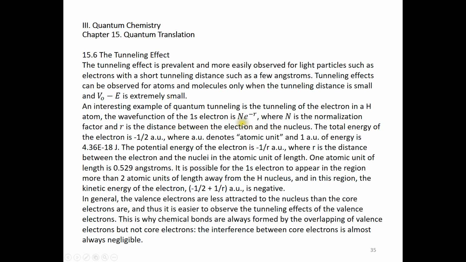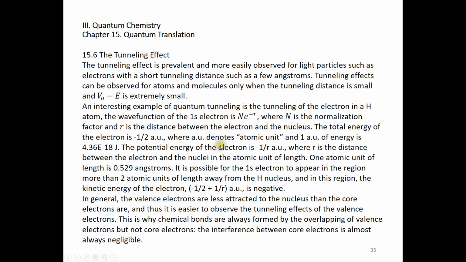We will study the solutions to the Schrödinger equation of the hydrogen atom later, but for now, let's look at this wave function. The total energy of this 1s electron is -1/2 atomic unit. 1 atomic unit is 4 times 10 to the power of -18 joules. So -1/2 atomic unit is the energy of that 1s electron.